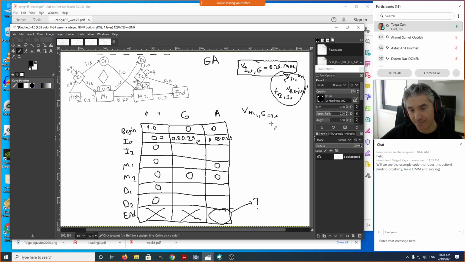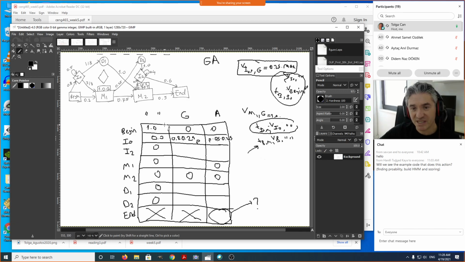M1 can be preceded by two things, VI0 and begin, but since G is emitted first, I'm left with the empty string for I0 and begin. This is multiplied by the transition probability from I0 to M1 and the transition probability from begin to M1. We know that this one is already 0 because I0 with the empty string is 0, so it's only this one that remains.